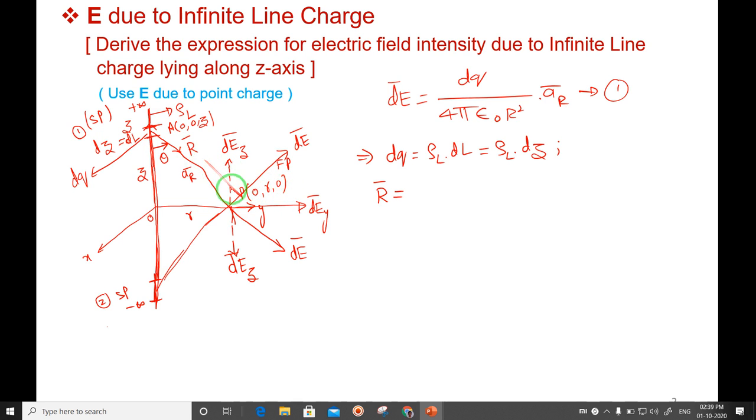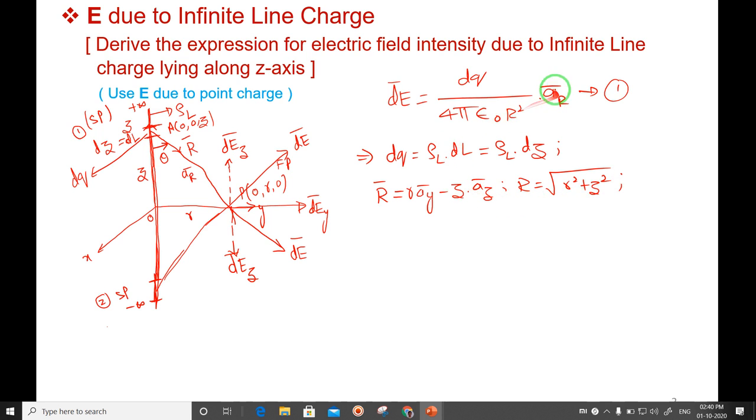Next we want to find the distance vector from source point to field point. So x component is 0 minus 0, the y component is r minus 0, r into ay, then 0 minus z into az. This is vector r, and the magnitude is the square root of r square plus z square, right?